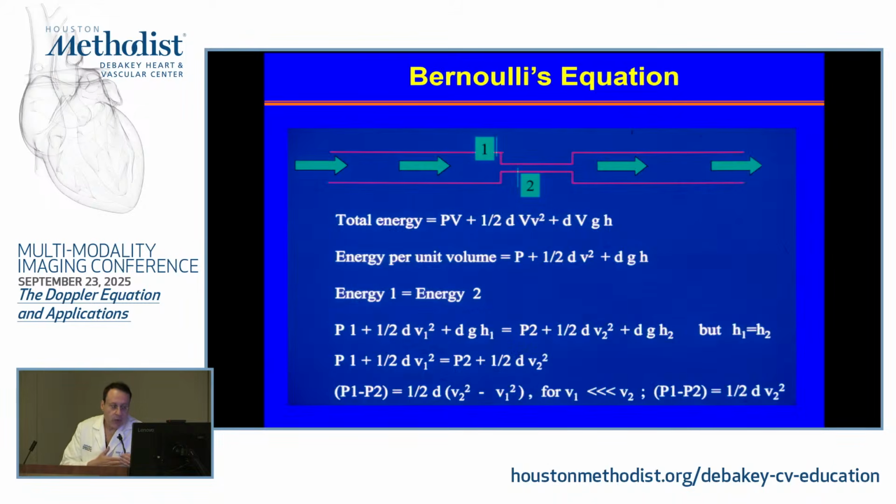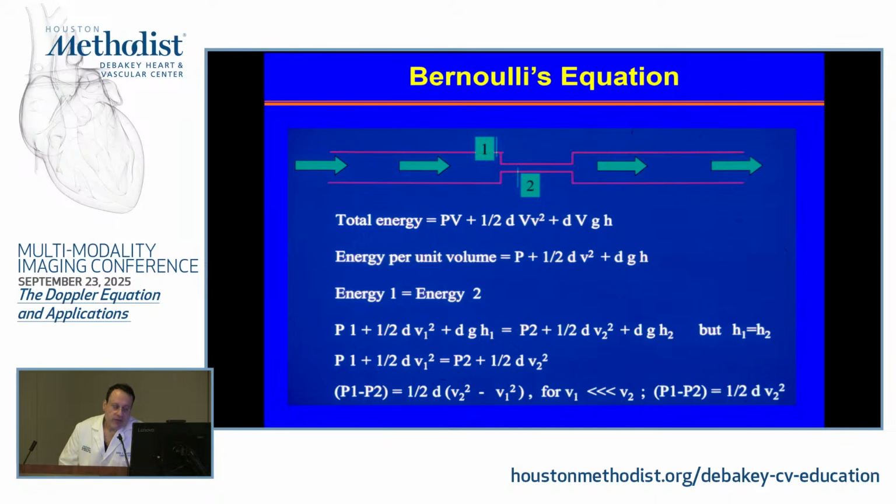What if we go to all components of energy? Remember, there is the pressure and volume product, there is the kinetic energy expression, and there is the potential energy expression. We want to talk about energy per unit volume, so I divide by volume, and now we end up with this.